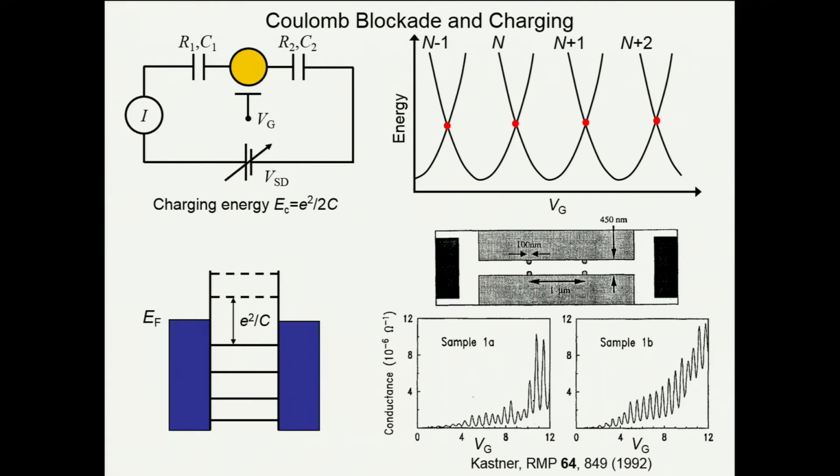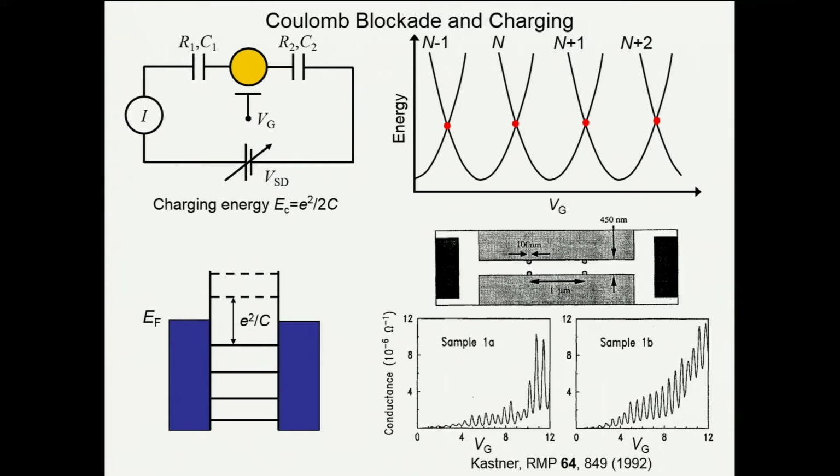And in terms of the physics, the key thing to keep in mind is that these are really small structures. So you think about a charging energy, like 1/2 CV squared, energy stored in a capacitor. The energy required to add or remove one electron from this dot goes like 1 over the dot capacitance. And you can plug in numbers, 4 pi epsilon naught r, and calculate the capacitance. For a 10, 20 nanometer scale dot, this capacitance is going to be on the order of 10 to the minus 18 farads. It's very small because it's a nanometer scale system.